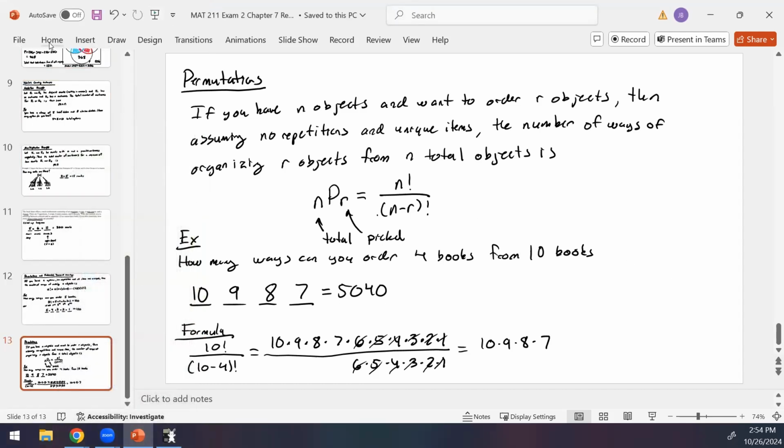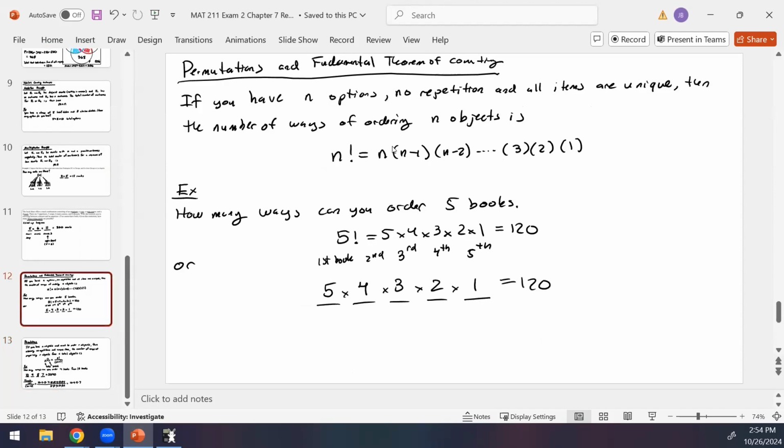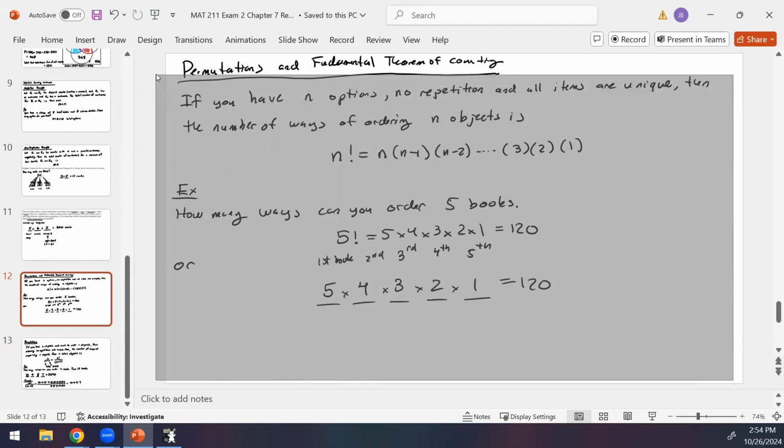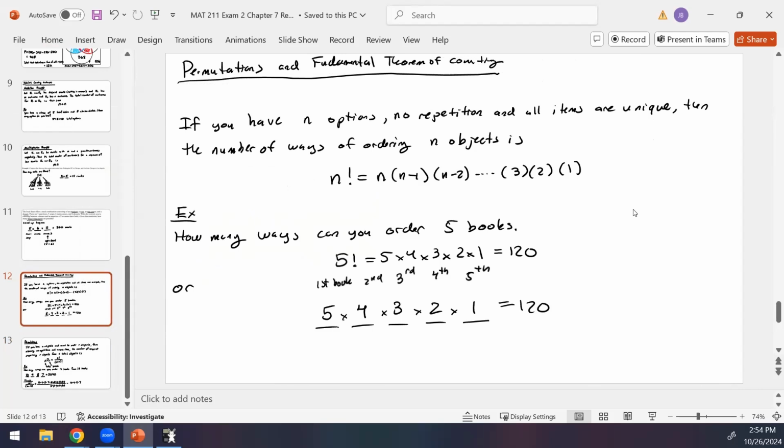All right, so that's permutations. Kind of went out of order, I realized. So this is the permutations of all objects. Okay, so I'm actually gonna write that here. So this is the ordering of all objects, and I'm going to put in parentheses, no repetition.